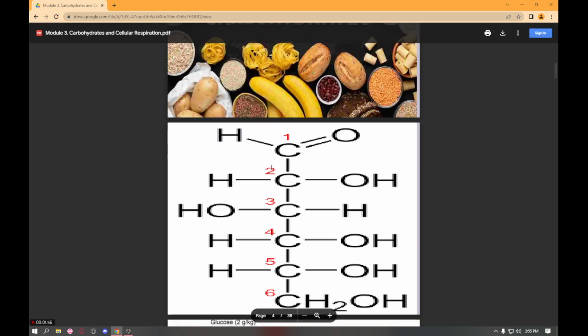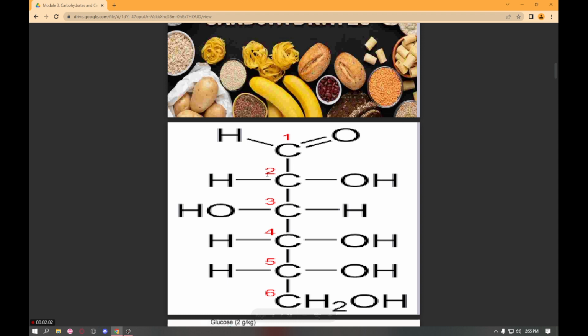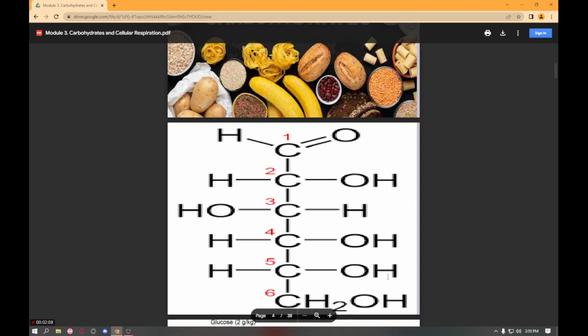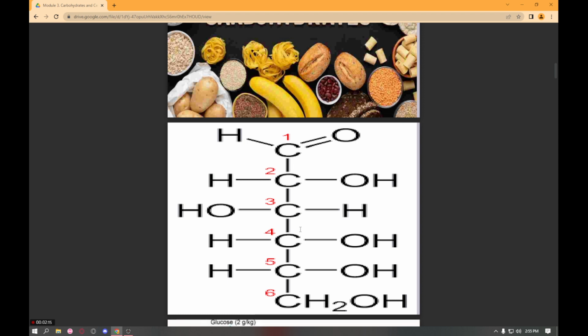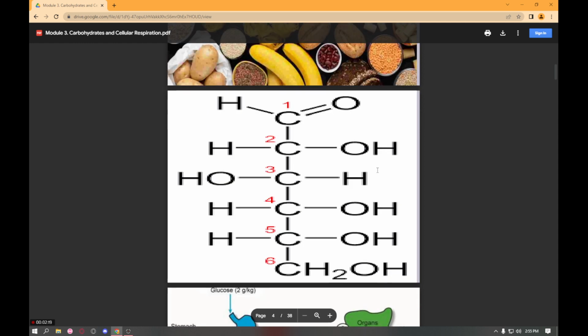If you notice, there are 6 carbon atoms here. So the monomer of your carbohydrates is made up of 6 carbons. Here, I want to emphasize the three elements which are present in your carbohydrates: hydrogen, carbon, and then the oxygen.